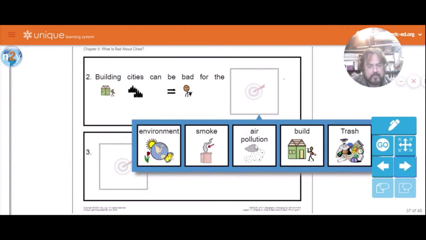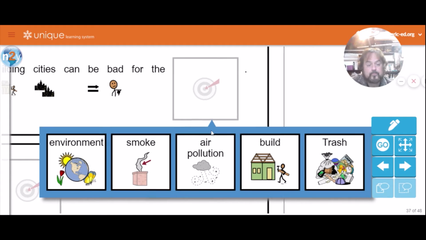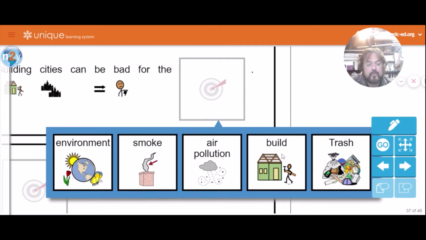Bad for the environment? Bad for the smoke? Bad for the air pollution? Bad for the build? Bad for the trash? What do you think? Yes, building cities can be bad for the environment.